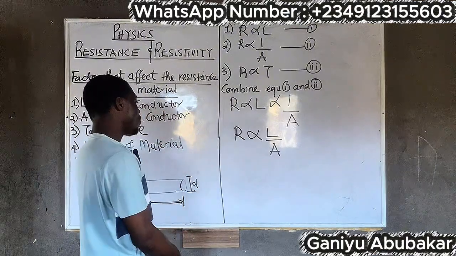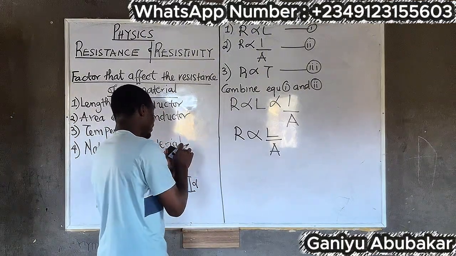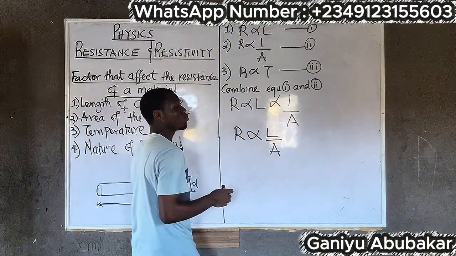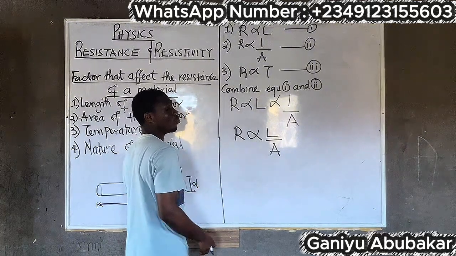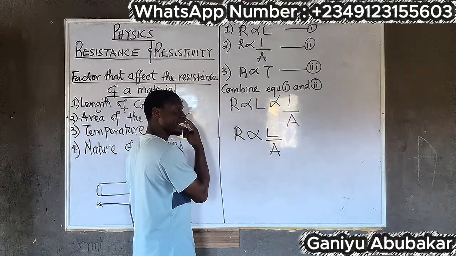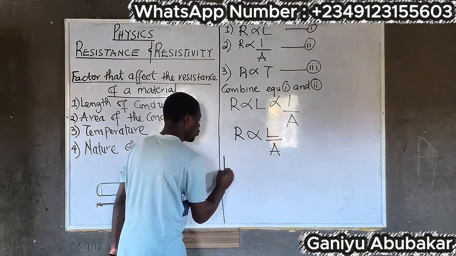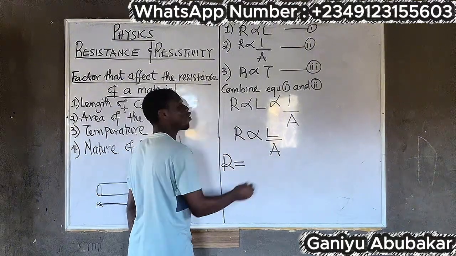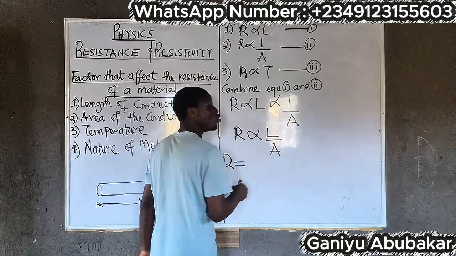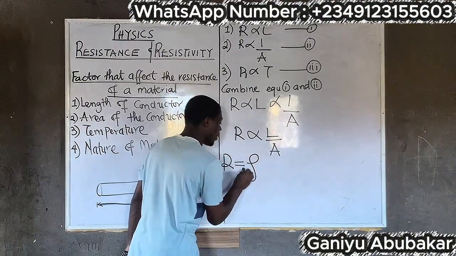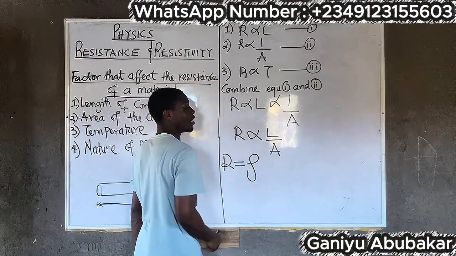My next task here is that we said when it comes to moving this proportionality symbol, we will introduce an equal sign. So that becomes R is equal to a constant term. So the constant here is what? Rho. This is a constant term called rho.